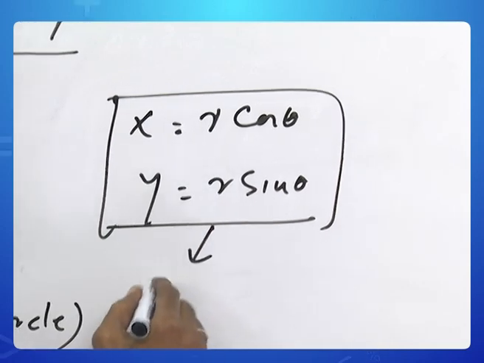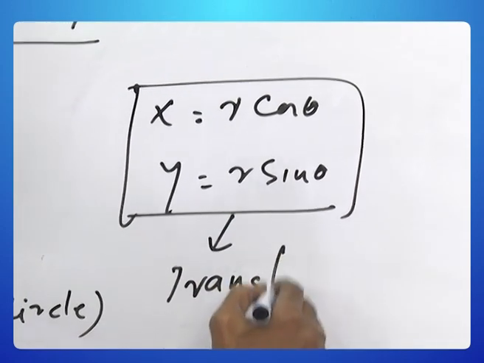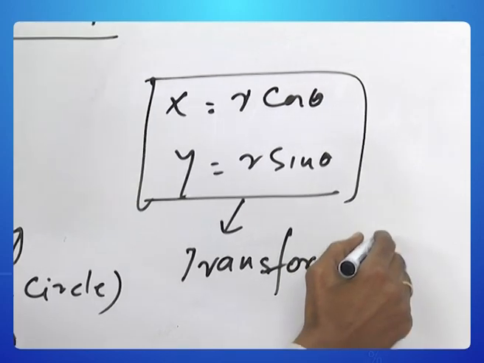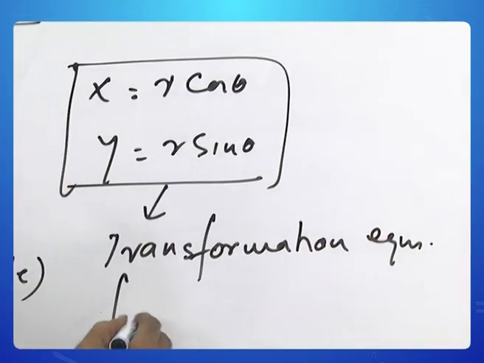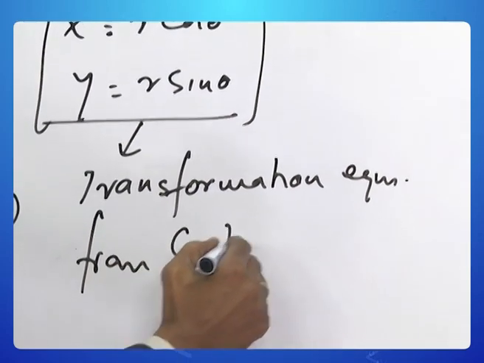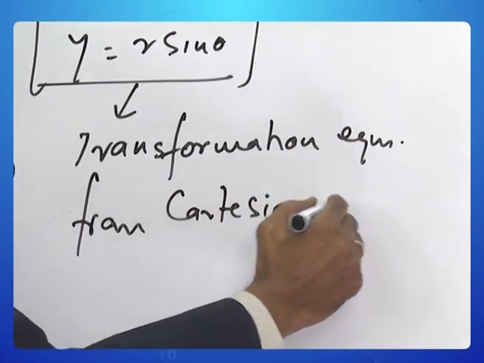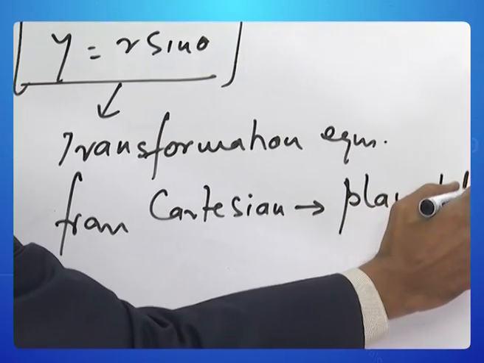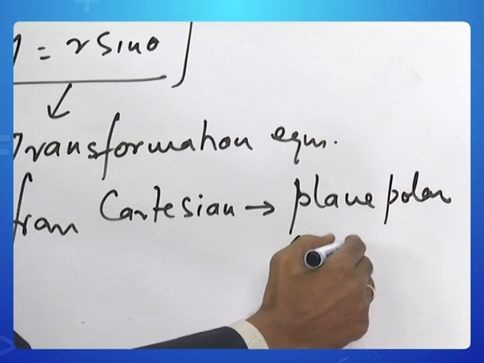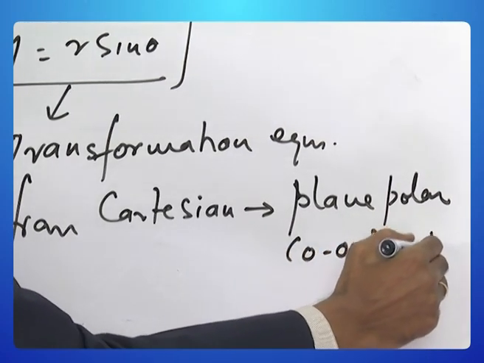these are transformation equations from Cartesian plane to polar coordinates.